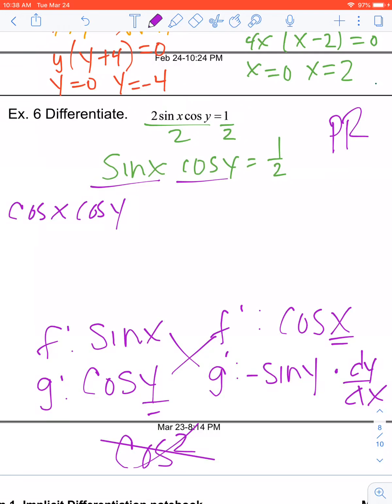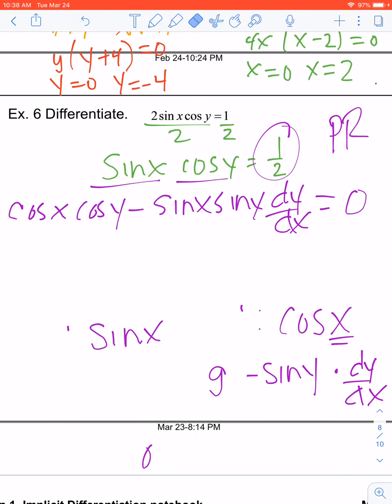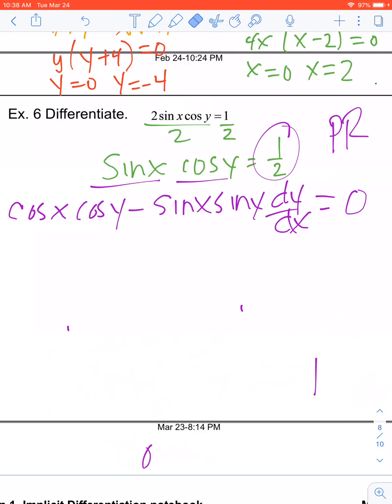Normally you would add in product rule, but because of that negative, we have a negative sine x, sine y, dy dx. And again, the purpose of dividing by 2 is that the derivative of any constant is 0. All right, so let's proceed with our rules.